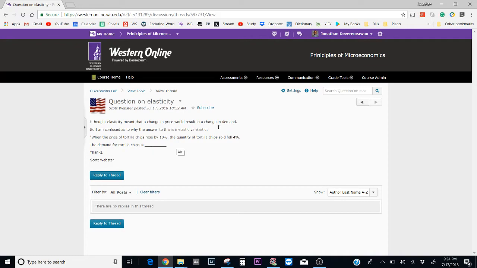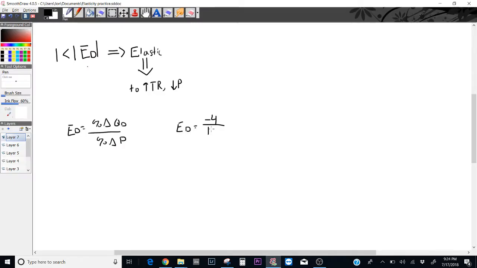And the price rose by 10%, so we have a +10. So ED is going to be equal to -0.4. And once again, if you take the absolute value and it falls between 0 and 1, that means that good is going to be considered inelastic.